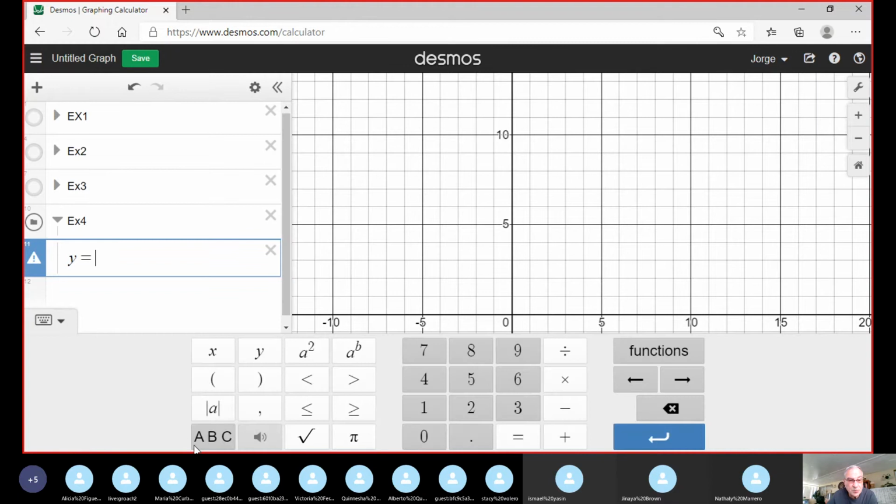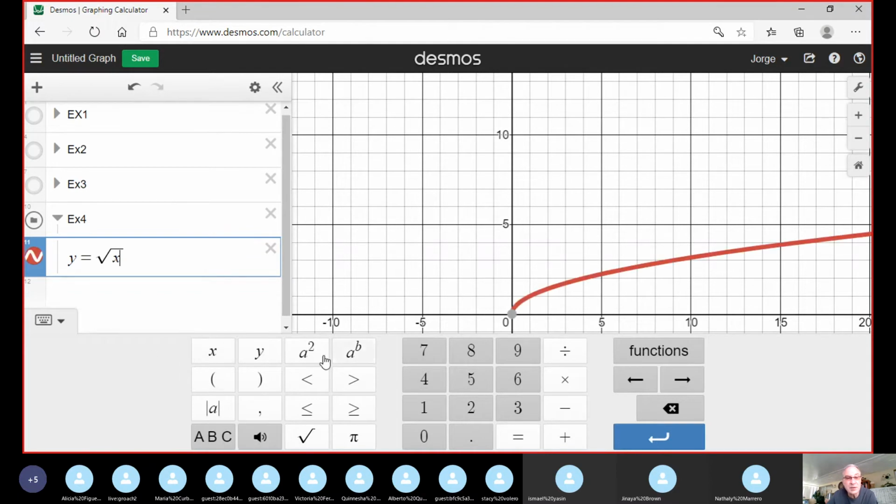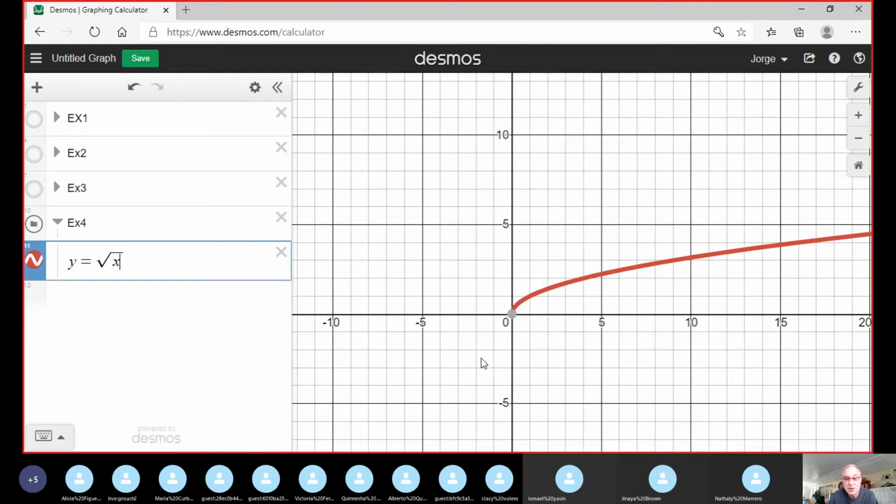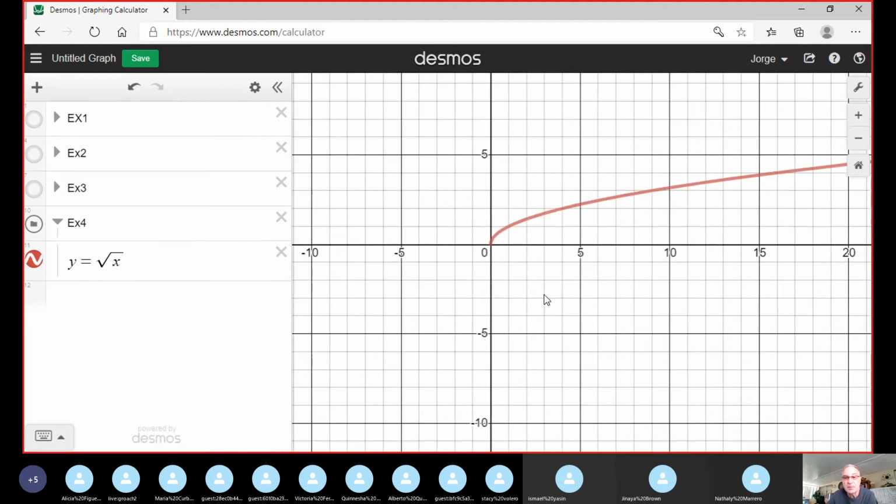Square root I can find on the keyboard of Desmos. Boom. This is my basic function. I need to analyze the transformation letter by letter. I copy, and after we analyze letter by letter. So suppose I copy the final answer.